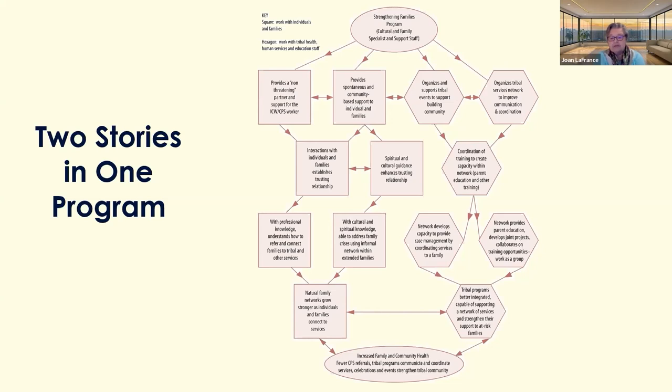And the 2 things became connected towards the end of the model to the outcome that we were seeking, which was increased family and community health, fewer CPS referrals, and more parenting education in the community.